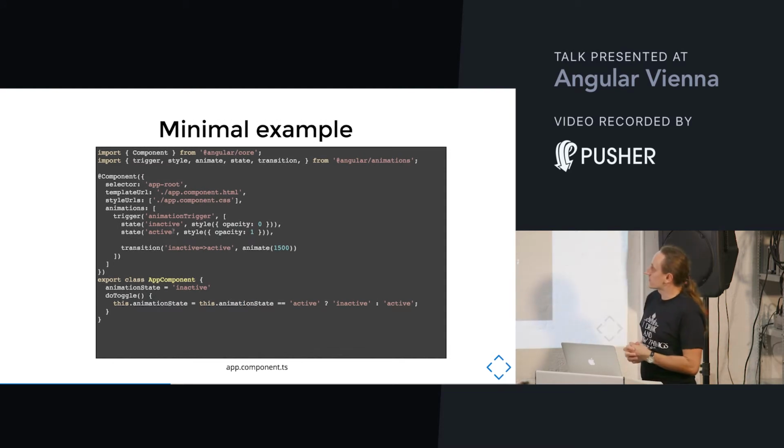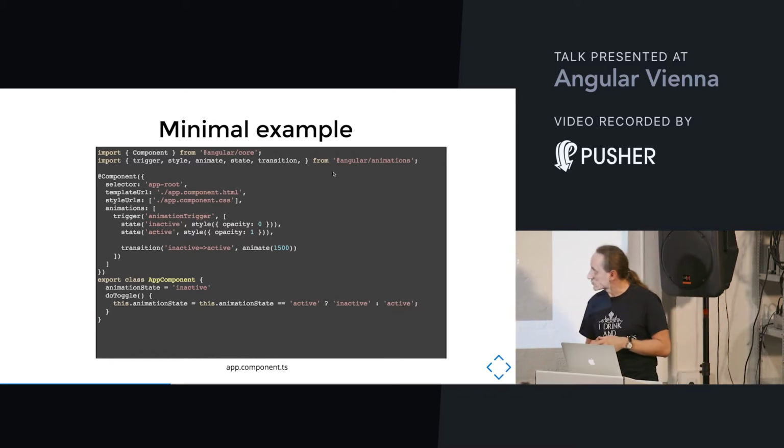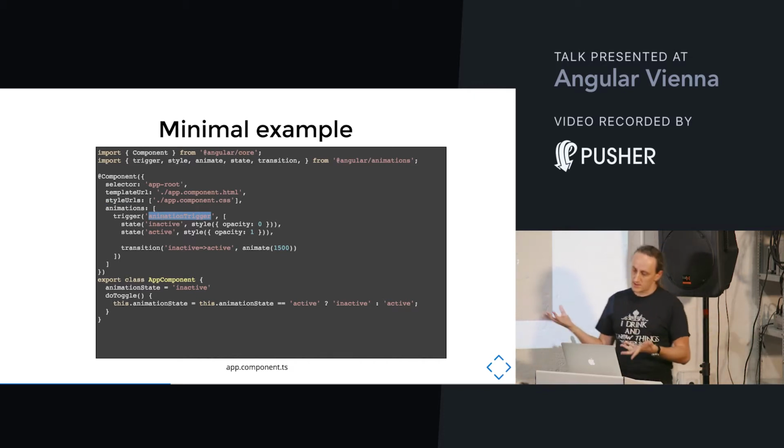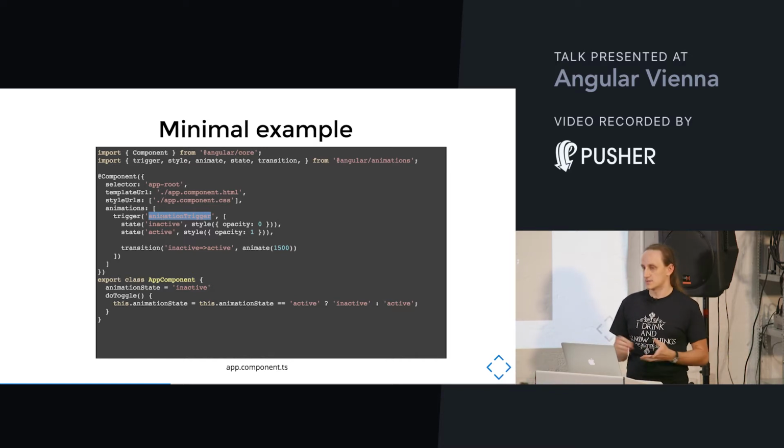And in our component, we have a few more lines. So first, we have to import all animation elements that we want to use. Define this in animations array on our component decorator, which what will be our trigger, and then underneath we can define all possible state transitions, animations, etc.